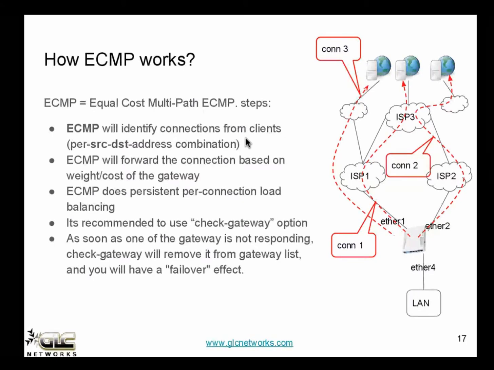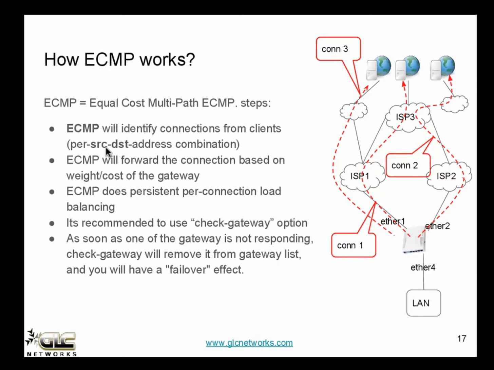ECMP is on a per connection basis, and each connection is identified from the source and destination pair. So when you access a website, ECMP will identify the connection based on the source and destination IP address.